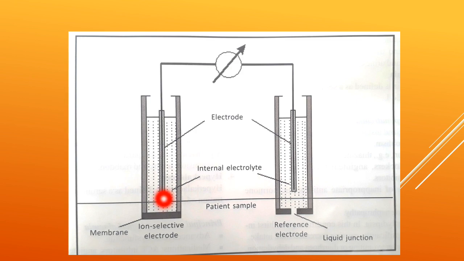If a sodium specific electrode is used, it will allow only sodium ions into the electrode, so it will change the potential. It gives the electromotive force, that potential which is measured in the instrument and compared with the standard electrode. Here is the sample.